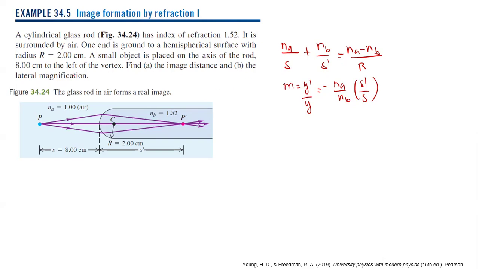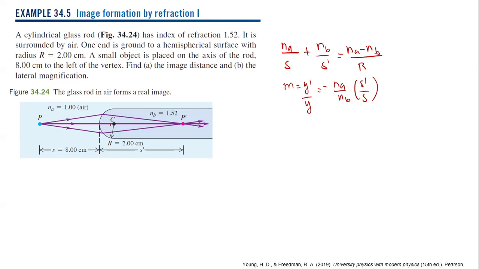So for example 34.5, we have a cylindrical glass rod like this, which has an index of refraction of 1.52. It is surrounded by air. One end is ground to a hemispherical surface with radius r. R is 2 centimeters.